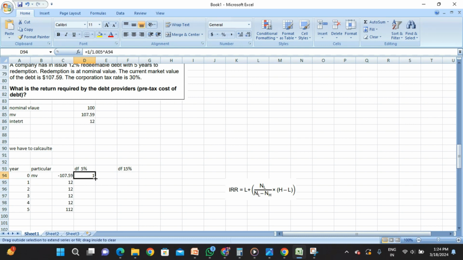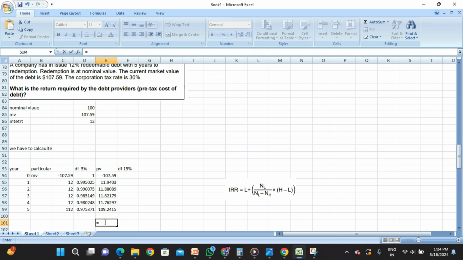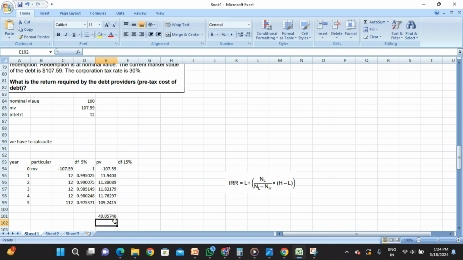Now scroll down to year 5 and you will get all the discount factors. Here will be the present value. Very simple: click on this, multiply by 1, and scroll down to get all of them. The NPV will be the sum, bracket close, top to down, and you will get 49.05.